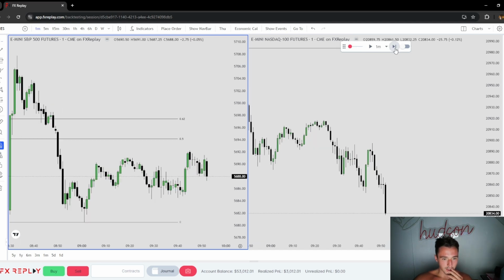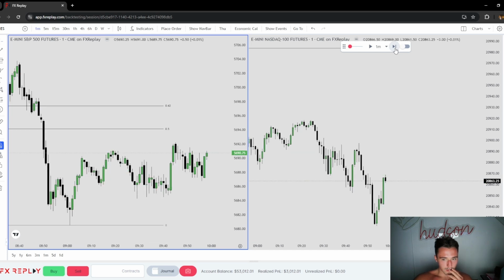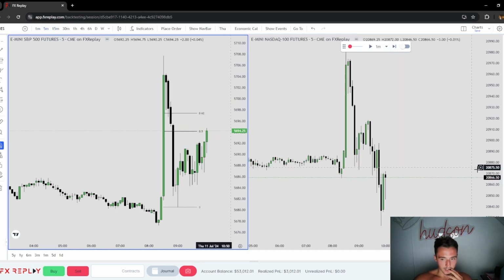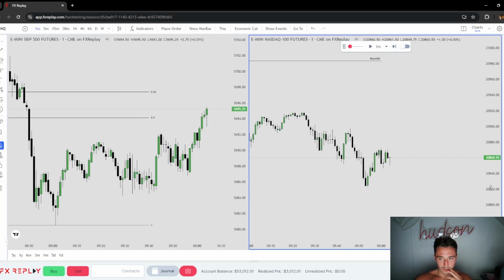So clearly NQ wants to go lower, but ES doesn't. There, now we reached a premium on the ES, and NQ already is showing willingness to go down. Bro, I favor shorts.